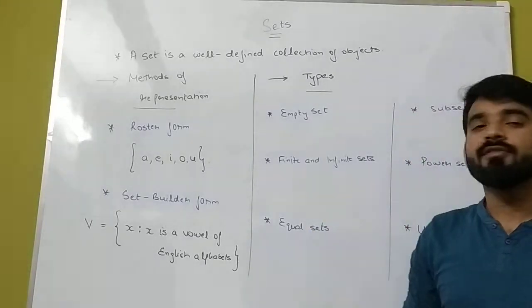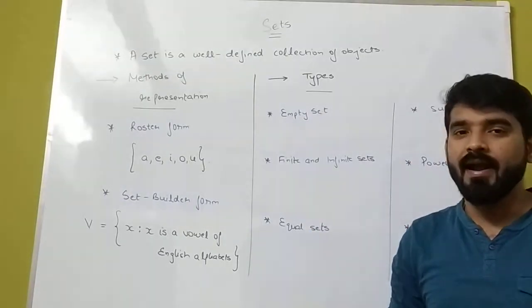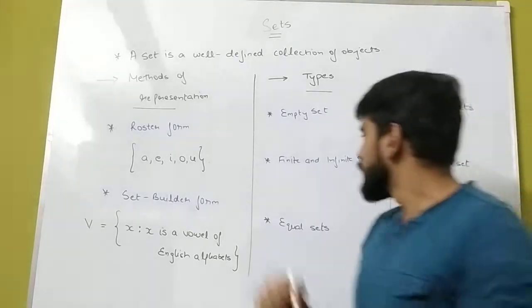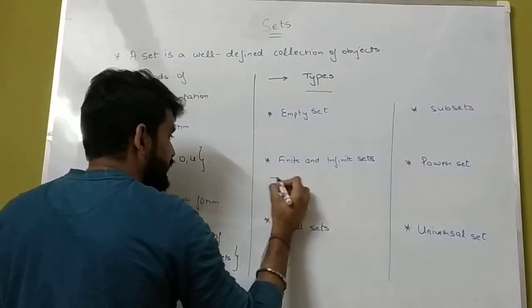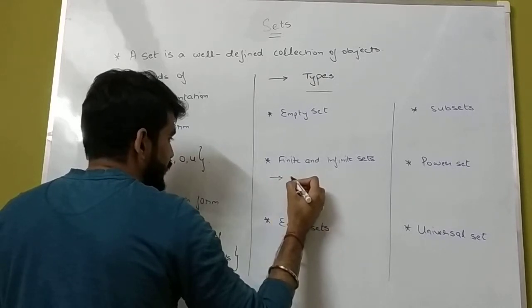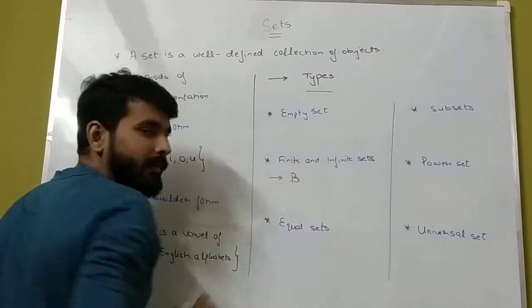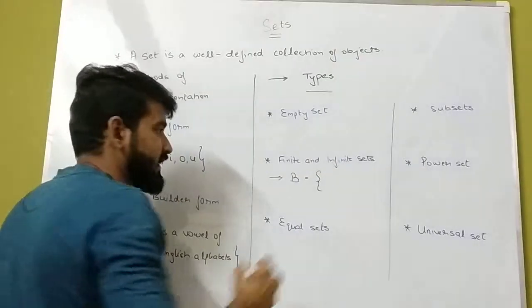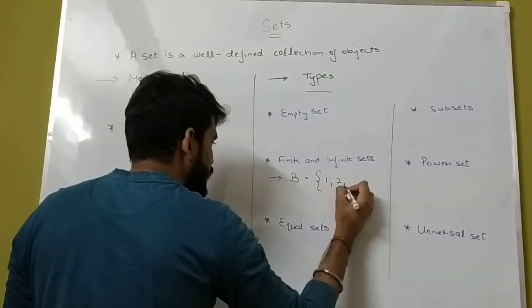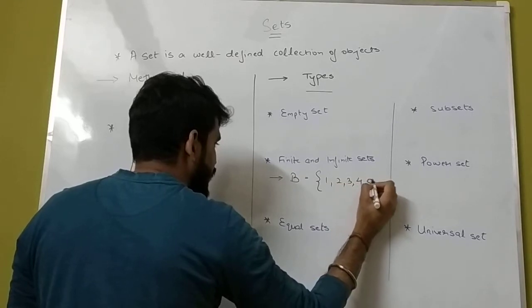The next category of sets we have is finite and infinite sets. We'll understand this using an example. Let's say I have a set represented by, again, let's say capital B. In B we have a finite number of elements, for example 1, 2, 3, 4 and 5.